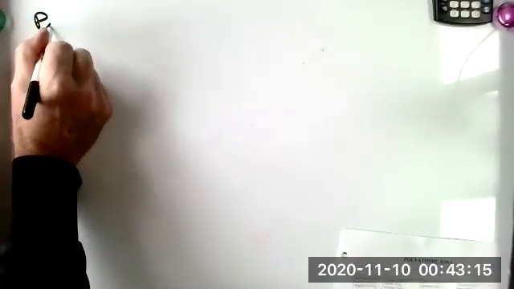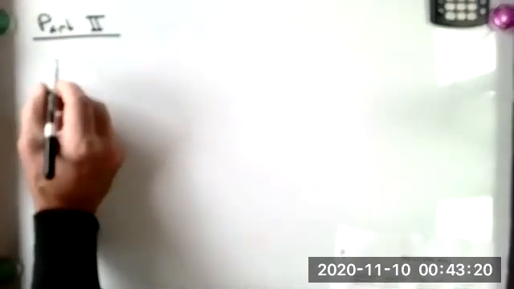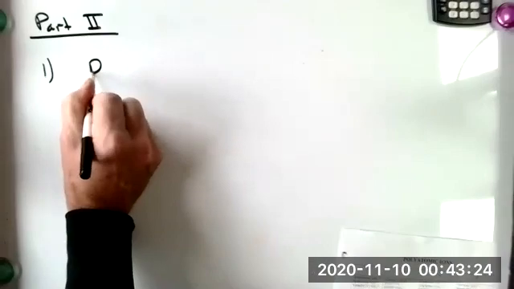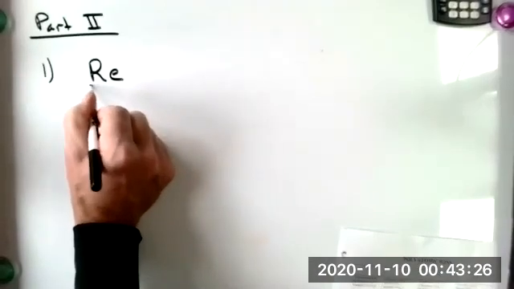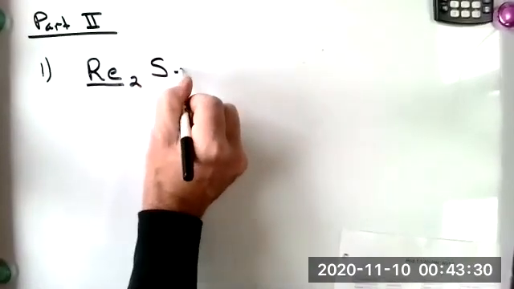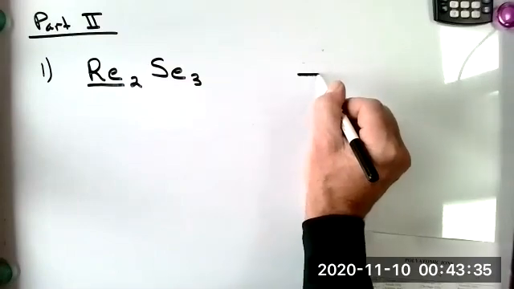So I would say, hey, here's part 2, and it is completely flipped. So now you get RE, and they'll underline it, and then they'll give you the second part of the compound, and now they're going to ask you 2 questions.